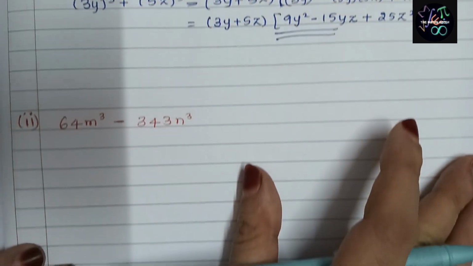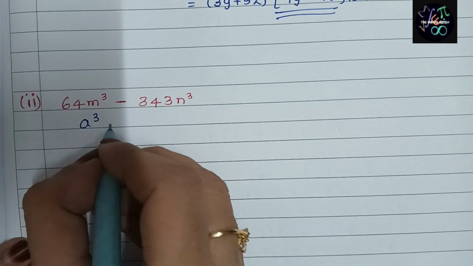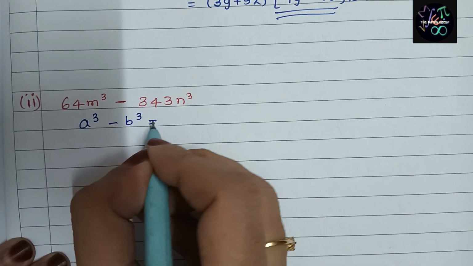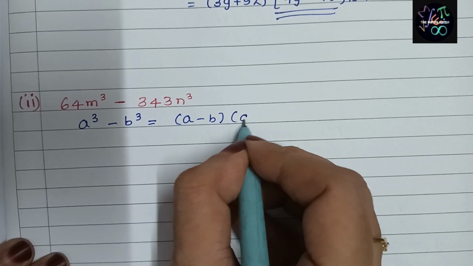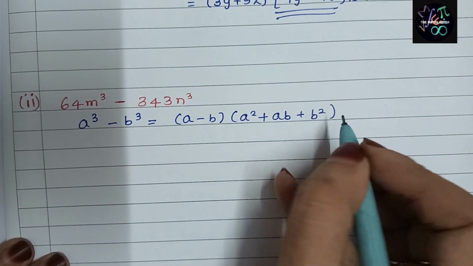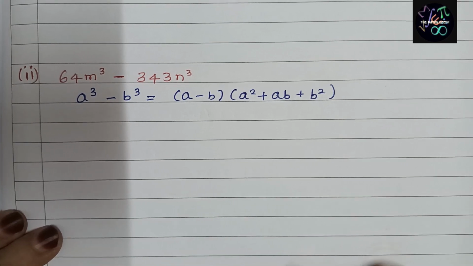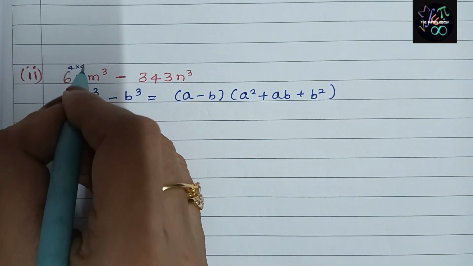So this is the answer for the given question. Same thing, let us see the second one. Here a cube minus b cube formula. A cube minus b cube formula is a minus b, a square plus ab plus b square. So here a value is 4 cube, it is 4 into 4 into 4.